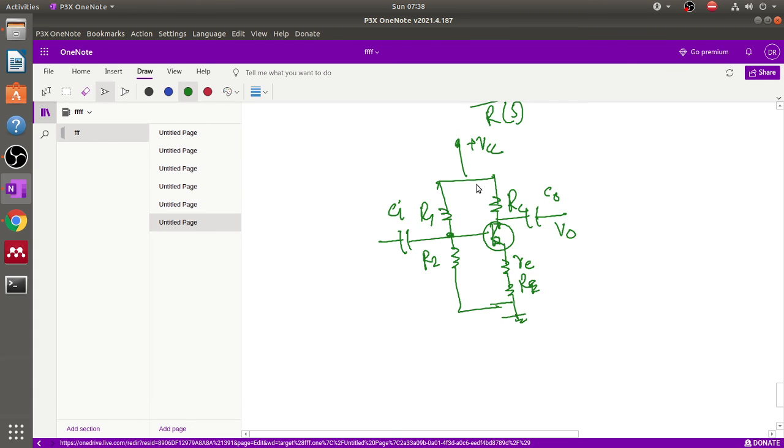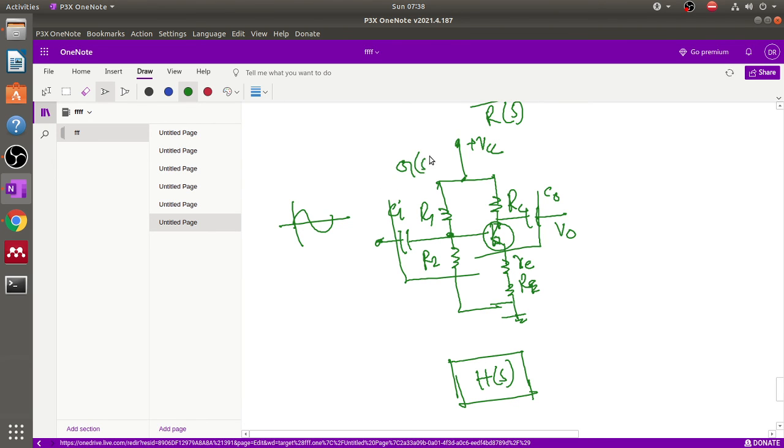We can control the gain of this amplifier. Here we apply our input signal. We know that. Okay, so now if we control this circuit, then there is a feedback network. This is HS, and this total block is basically GS, the amplifier.